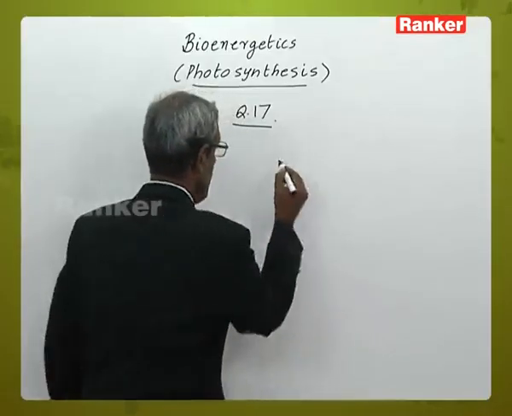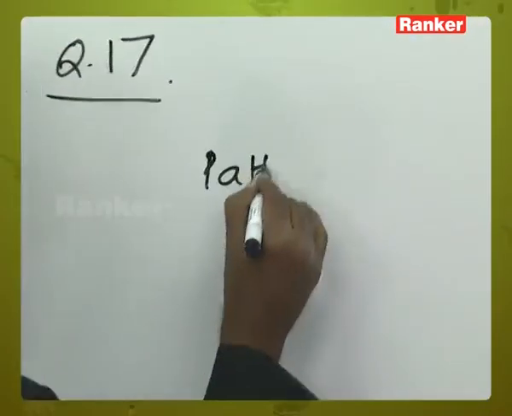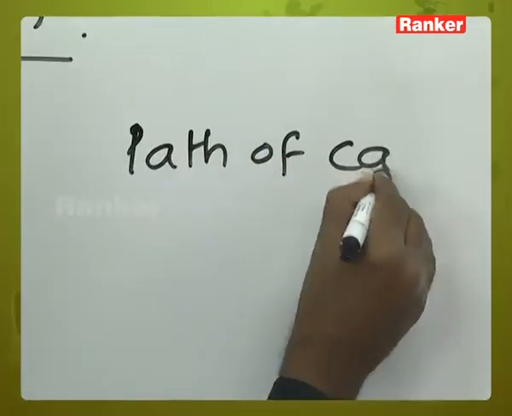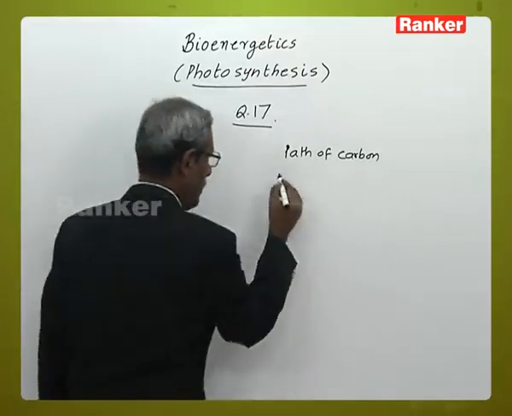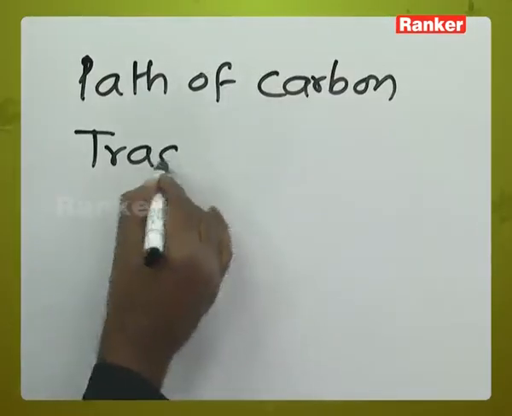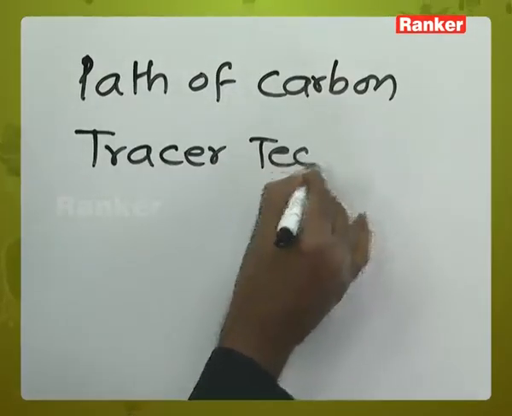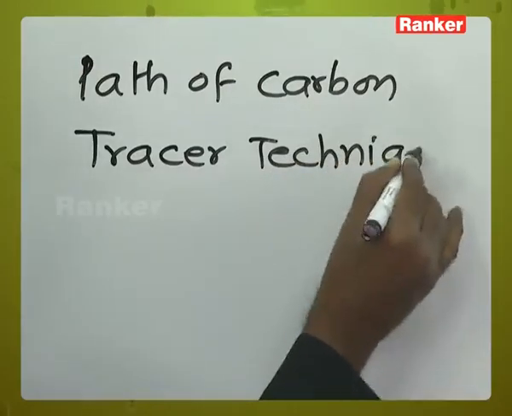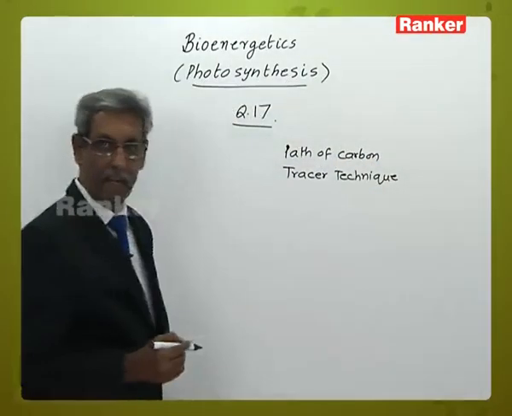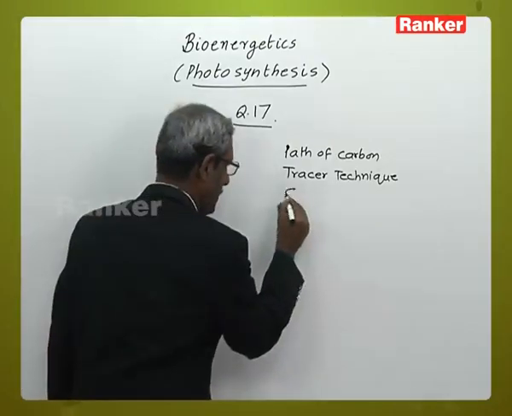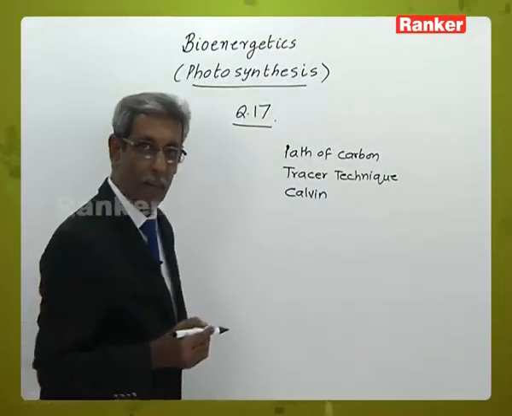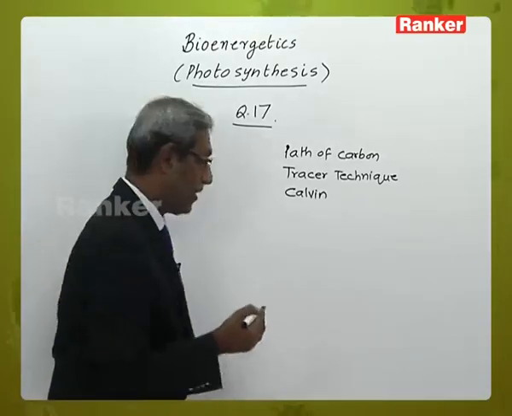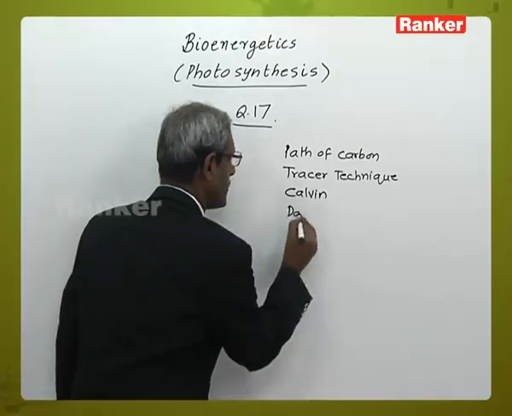When we look at the path of carbon, it is also called a tracer technique. The tracer technique has been studied by Calvin, who had been awarded the Nobel Prize for discovery of the dark reactions of photosynthesis.